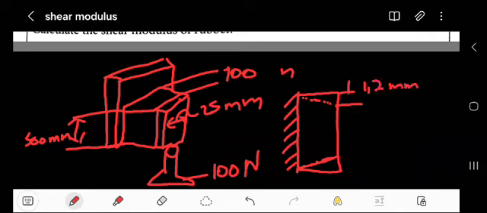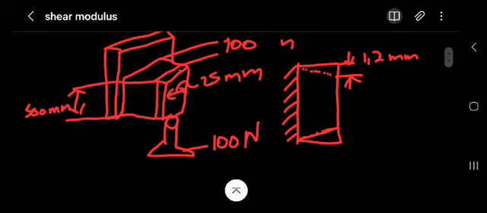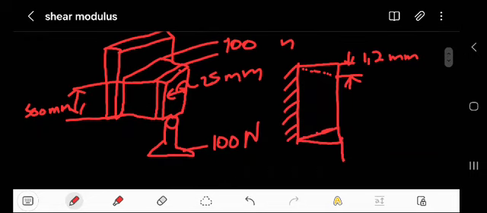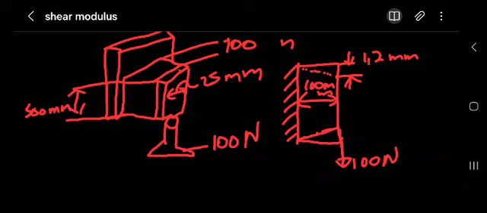Here it shows the force, 100 Newton like that. Then this distance there is 100 millimeter. So yeah, this is what we have in all.